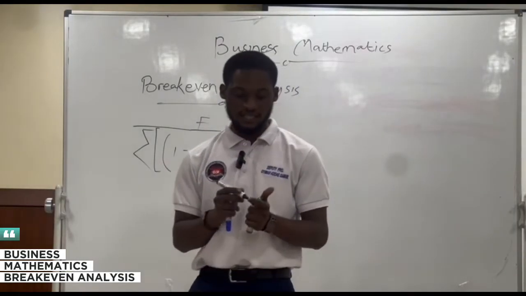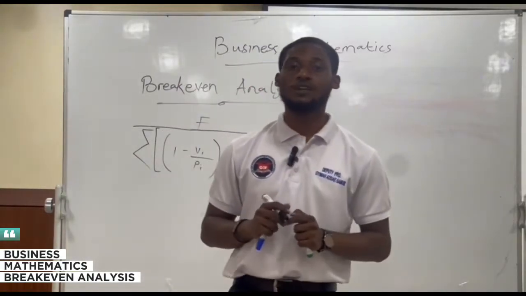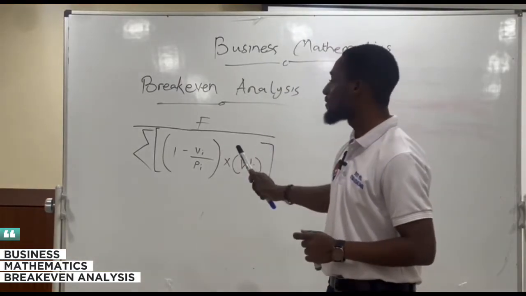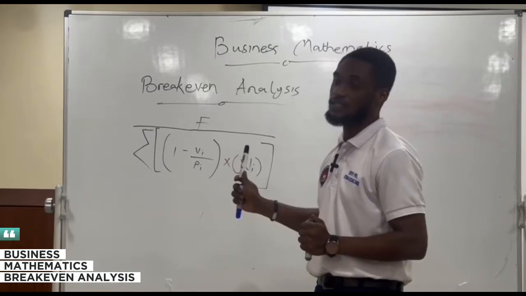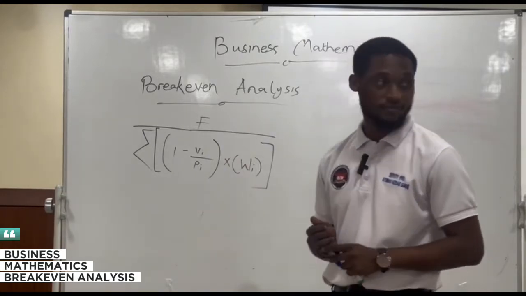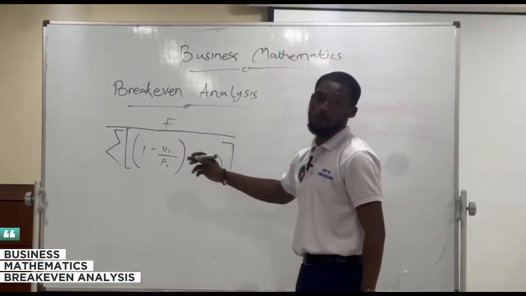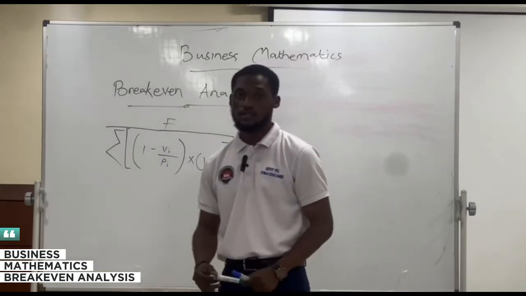Don't let this formula confuse you because we have a way of going about it. I'll plead with you to write this formula somewhere in order not to confuse yourself someday. This is the formula for multiple products when it comes to break-even analysis.